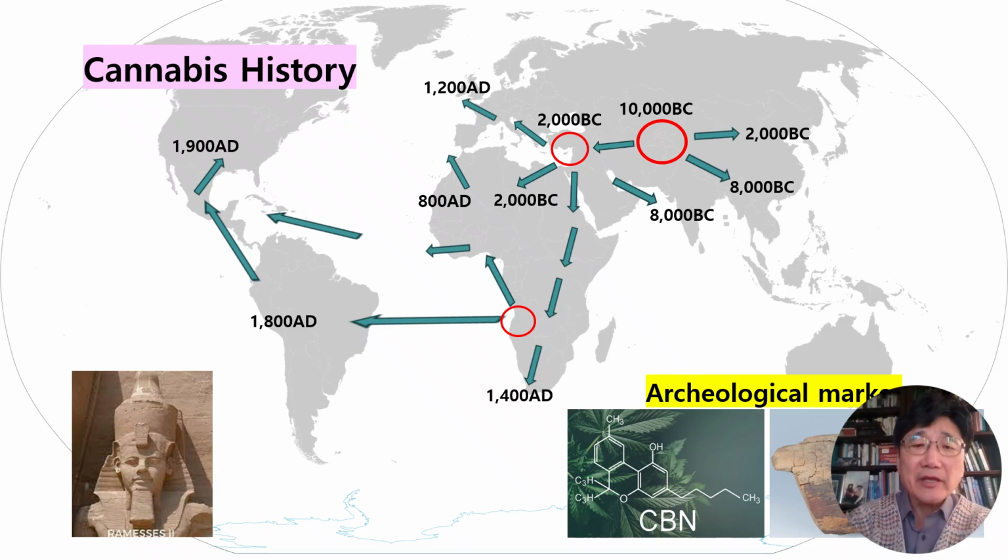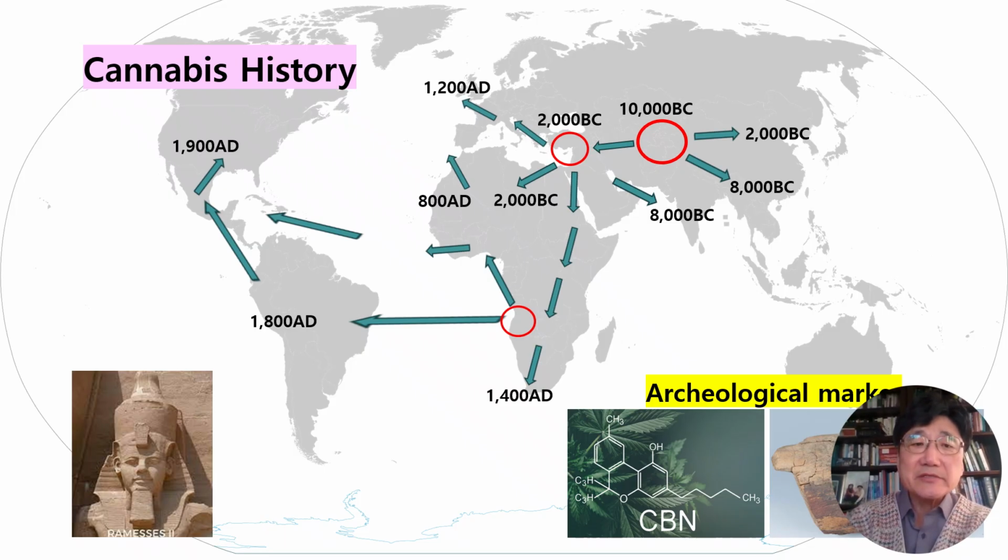From that point, it may have taken 1,000 years before cannabis made its way to Africa and Western Europe. It likely crossed the seas to South and Central America between the 17th and 19th centuries before arriving in North America in the early 20th century.